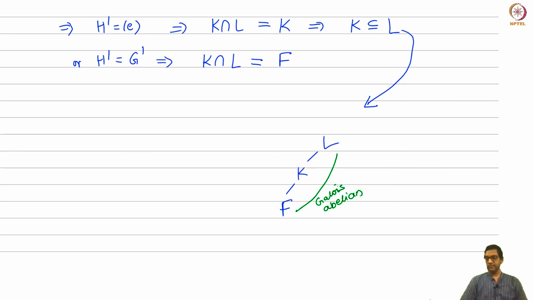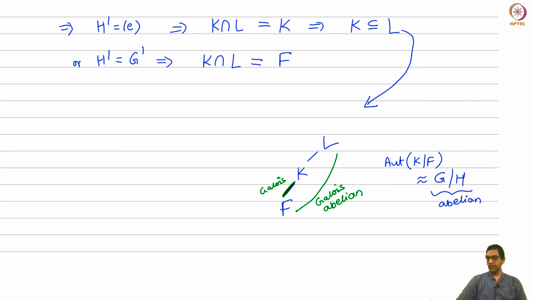So again, by the same argument that we gave before, K intersection L is K. This is also a Galois extension, and the Galois group of K over F would have to be a quotient, right? So in our earlier notation, this is the quotient G mod H. But whatever it is, G is abelian, so G mod H is abelian.